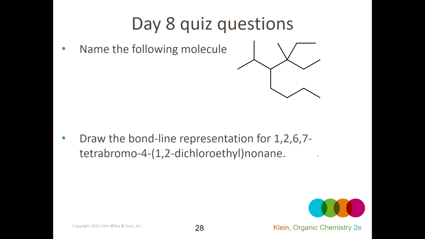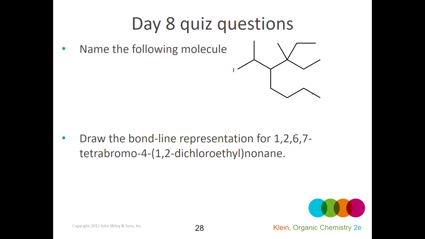Alright, so here were the first couple quiz questions for today. Very similar to what we just did, just different structures or names. So in this case, my structure up here, I want to find the parent chain first. So I'm recognizing now, based on what we just talked about, when I number my parent chain, the longest chain, I don't want to number from this side because I won't reach the first substituent until well into the structure.